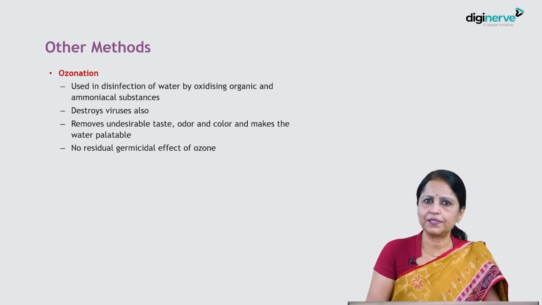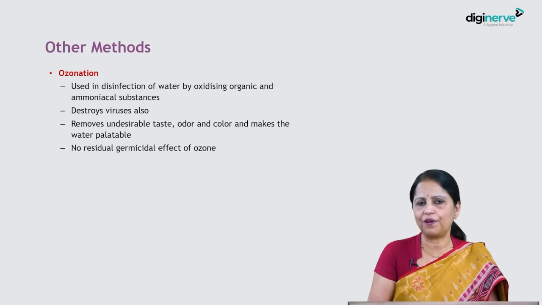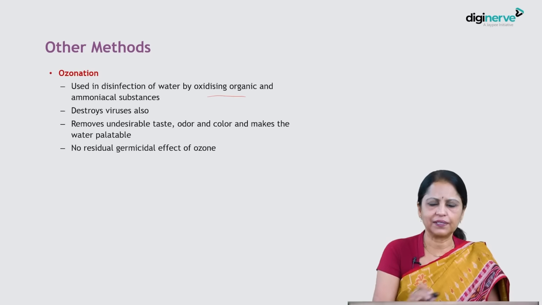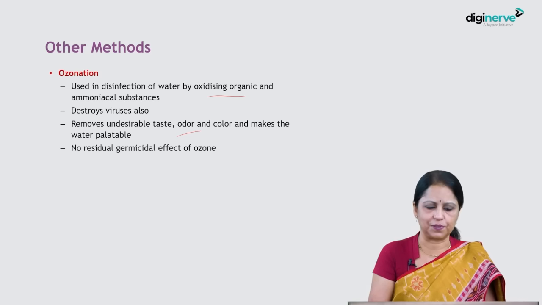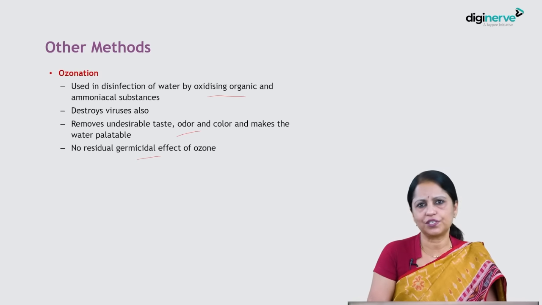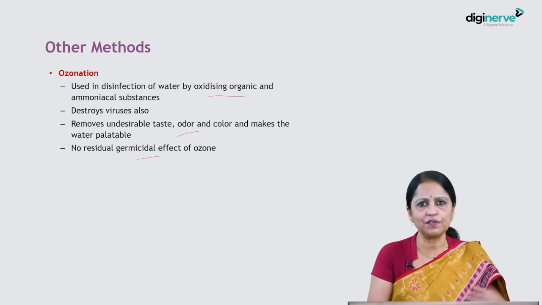Then there are other methods, that is ozonation. Ozone is another powerful oxidizing agent and it can oxidize organic and ammoniacal substances, and it does not provide any taste or color to the water. So that's why it is acceptable. But it has no residual germicidal effect and it is quite expensive. So ultimately it is not very feasible.